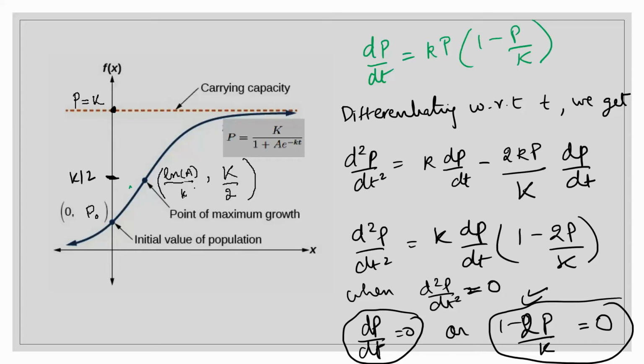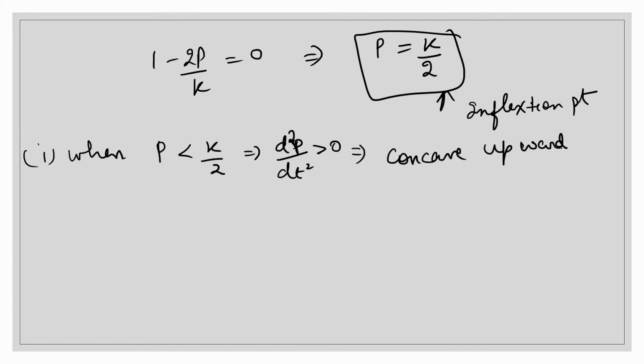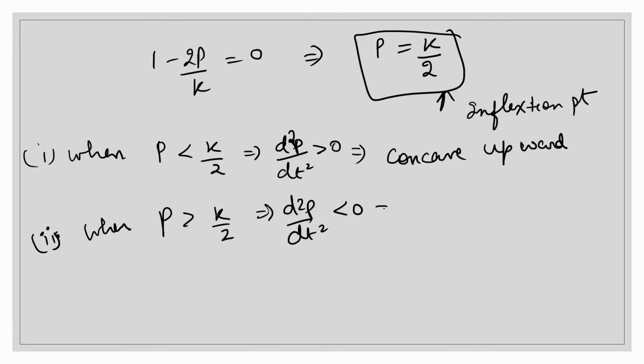So when p is less than K by 2, this implies that d square p by dt square is greater than 0, that means I am talking about concave upward. And when my population is greater than K by 2, this implies d square p by dt square is less than 0. That means that it is concave downward.